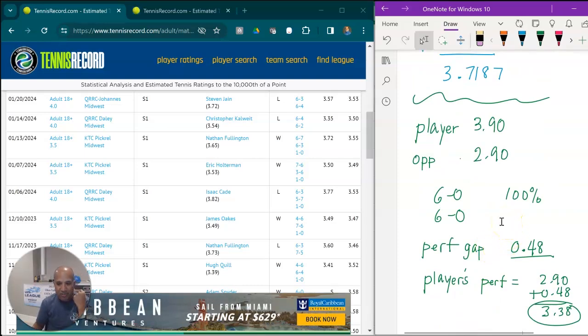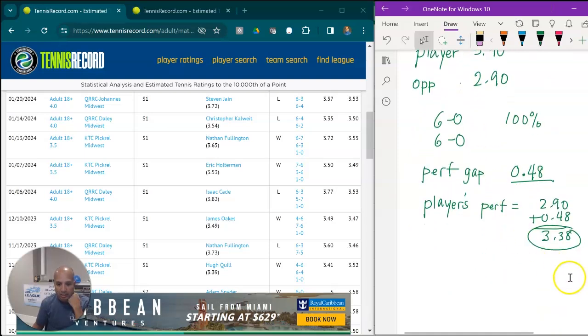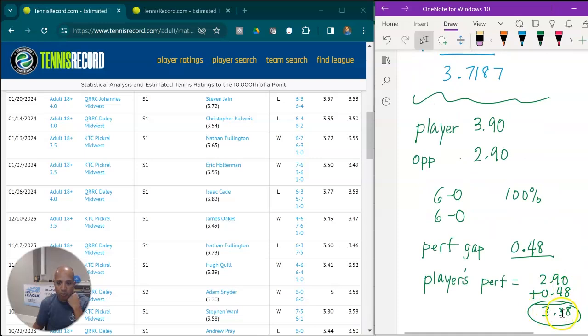But that's not really fair, is it? Because the player is actually a 3.90, and you can't do any better than 6-love, 6-love, right? You can't do any better than that. So it's a little unfair to the player to say that he only performed at a 3.38.